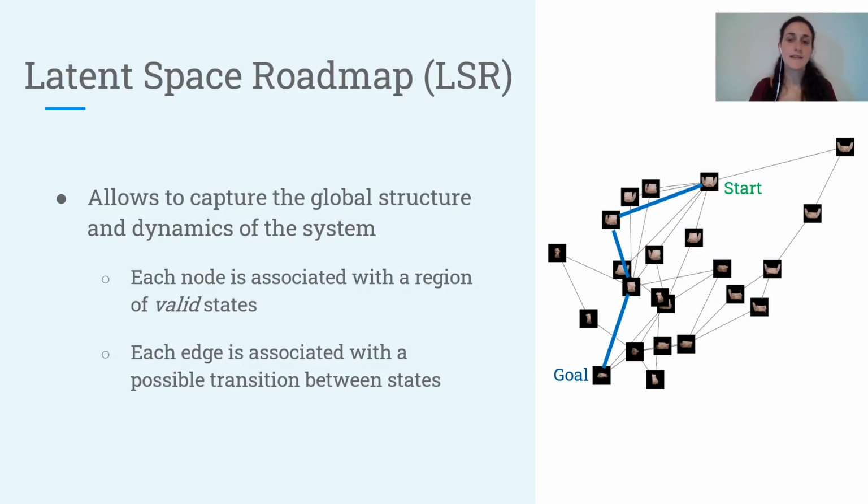So the basic idea is that each node of this graph is associated with a region of valid states of the system, while each edge is associated with a possible transition between states. So on the basis of this graph, we are able to plan in the latent space from the start to the goal, and then by decoding this latent plan, we can obtain the visual plan.